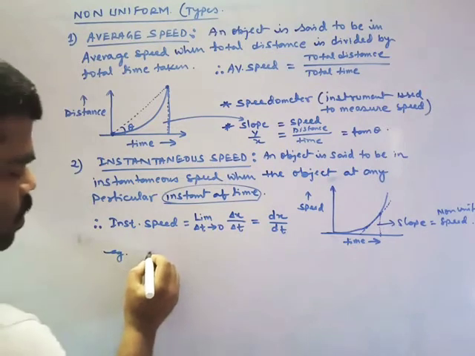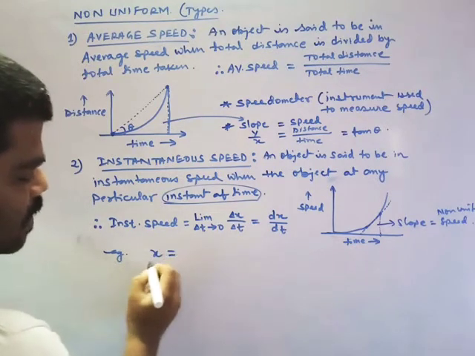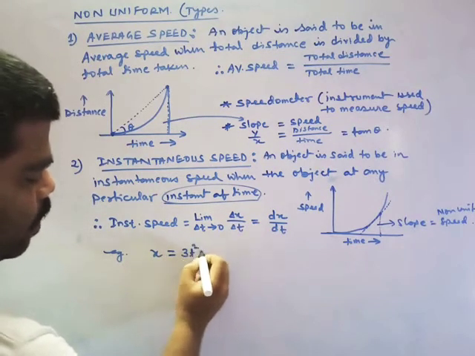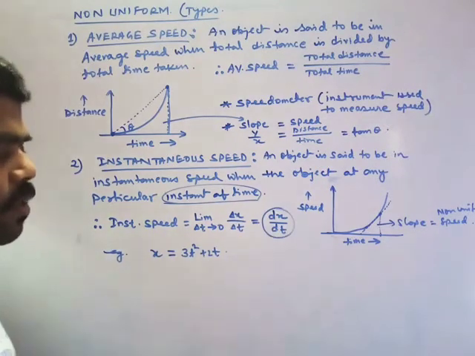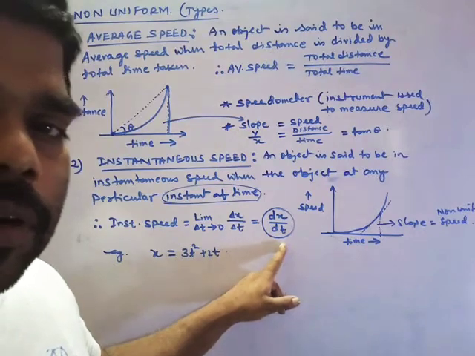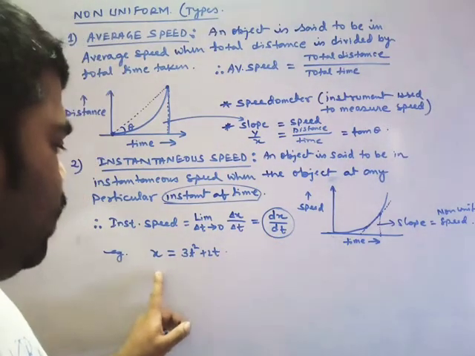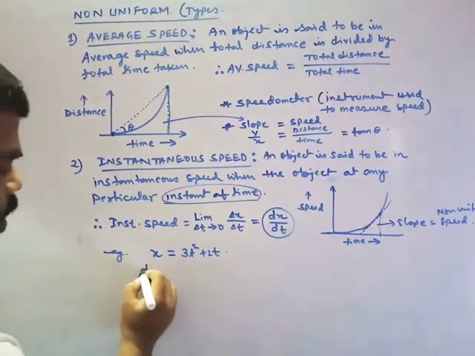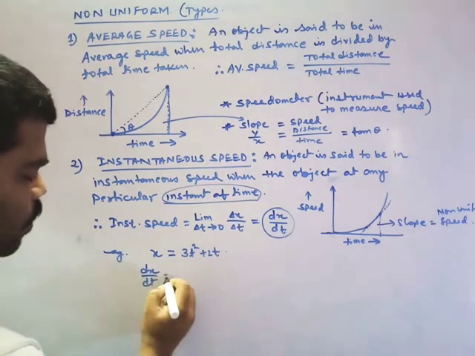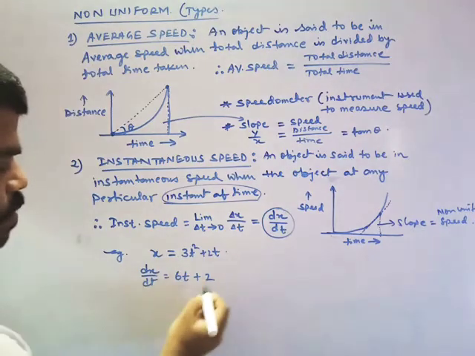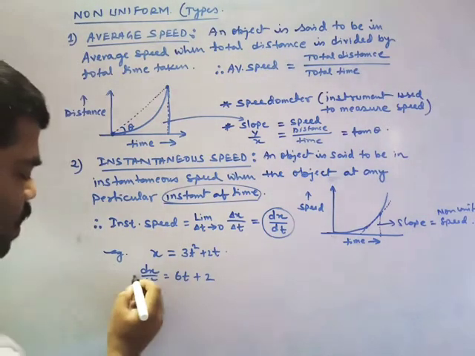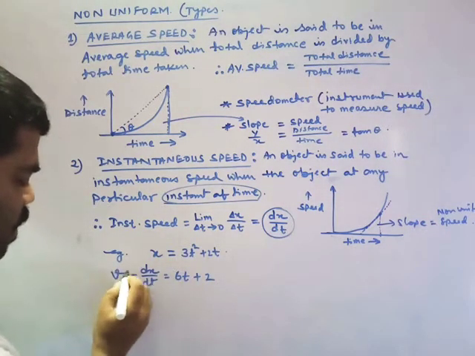Let me take an example. Suppose displacement x is given to you as 3t square plus 2t. If I differentiate this with respect to time, as we have already done, then we can find the speed. So dx by dt is 6t plus 2. This is my answer, and this is my speed.